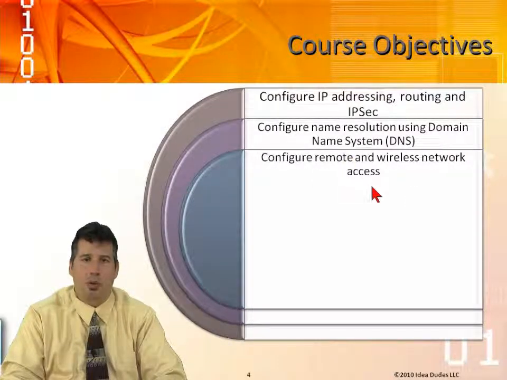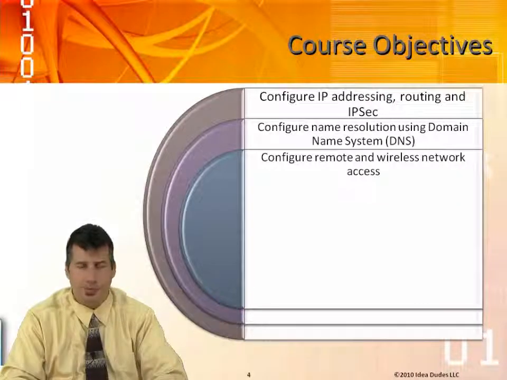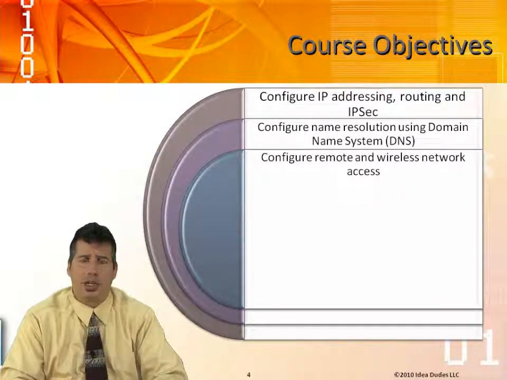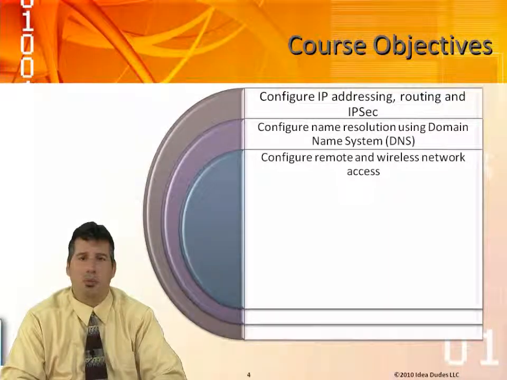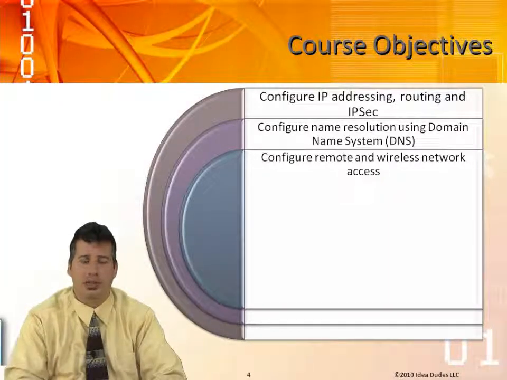We're going to configure remote wireless access. We're going to look at the different types of protocols that we have, 802.11a, 802.11b, G, N, and so forth. So we'll look at some of the different things involved with remote and wireless network access.